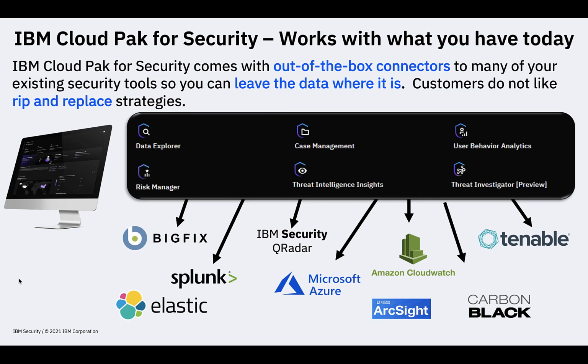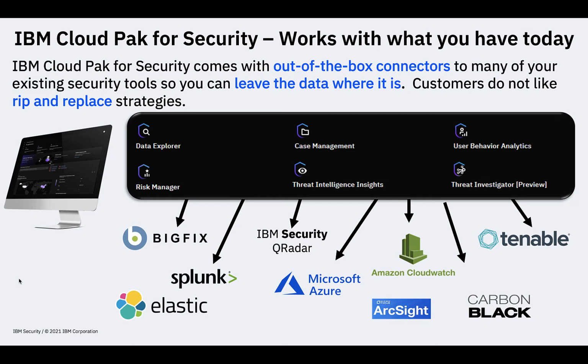We also have a threat investigator that will build attack graphs and find how threats move through your company. Then we have a threat intelligence module that will help you automate what threat searching is all about. And finally, Risk Manager will look at your day-to-day activity to see if you are protected or not.